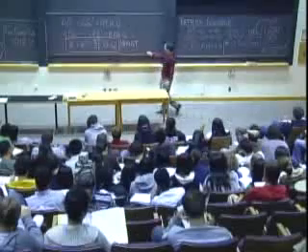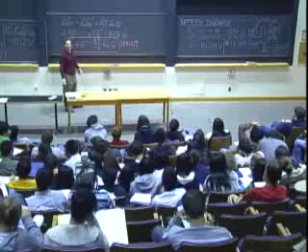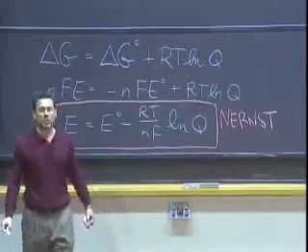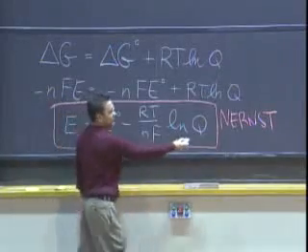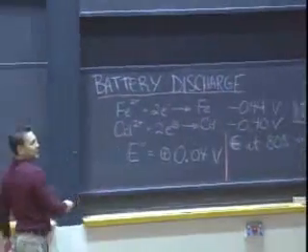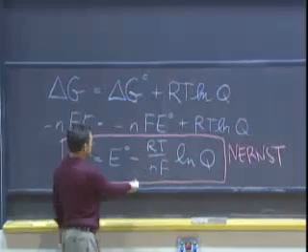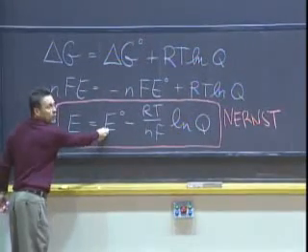So we have our T will be 298.15 Kelvin. Our F is our number of coulombs per mole, that is the Faraday constant. And in this case, because in the half reactions you have 2 electrons rather than 1 being transferred, n is equal to 2. So if you plug in now, you have E0 is 0.04.